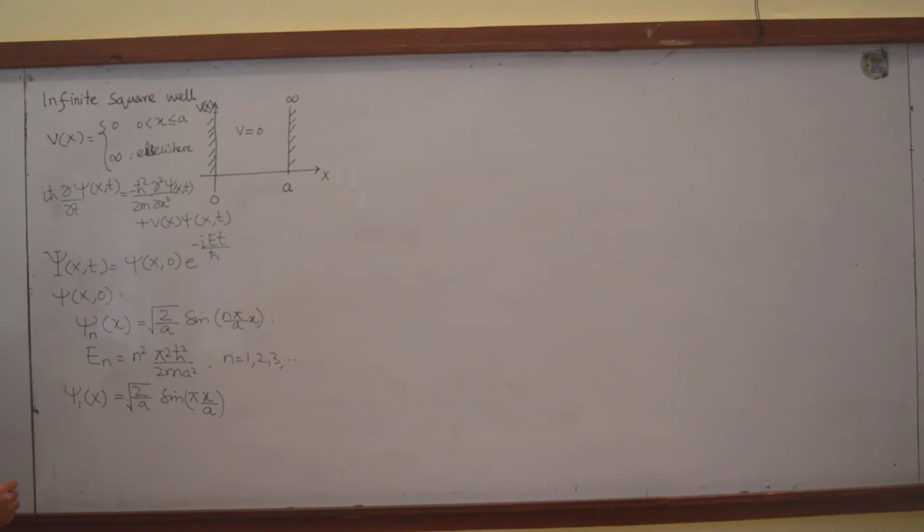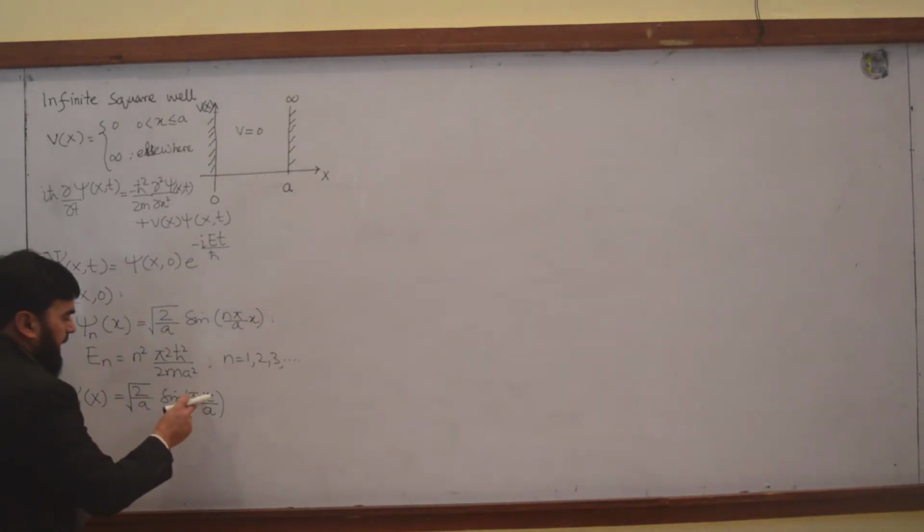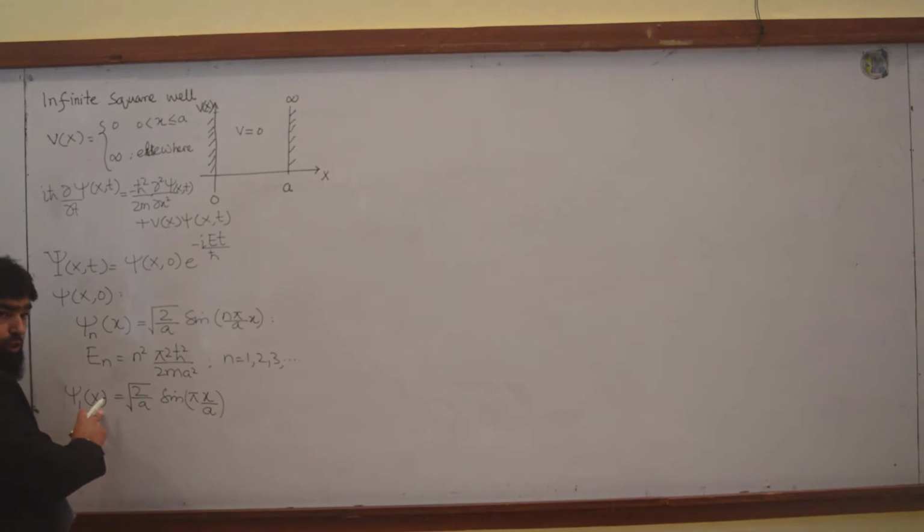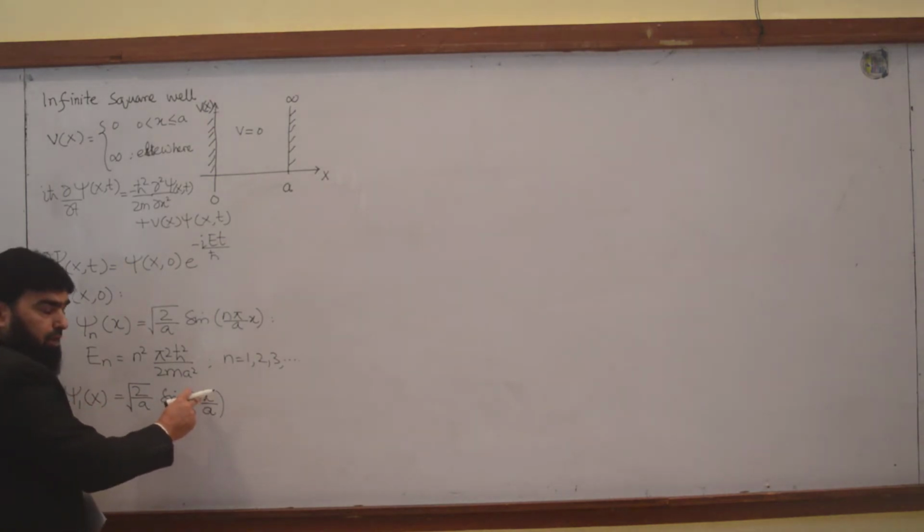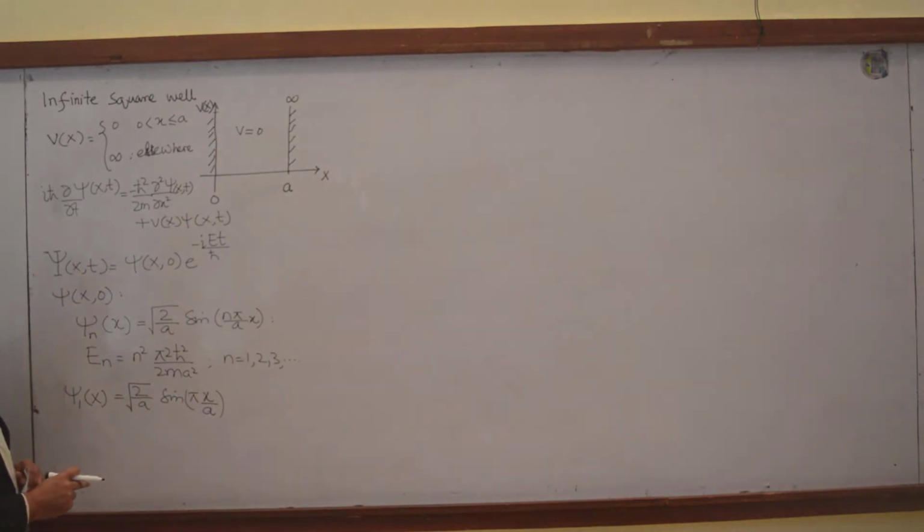You remember how we plotted this: when x is equal to 0, this wave function is 0, and when x is equal to a, again this wave function is equal to 0.